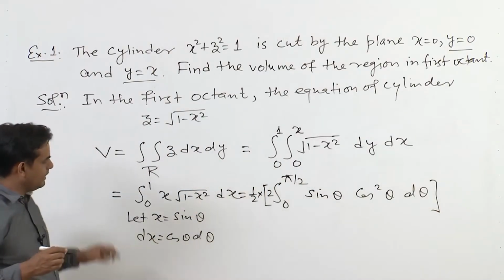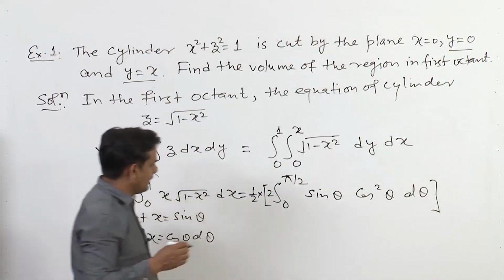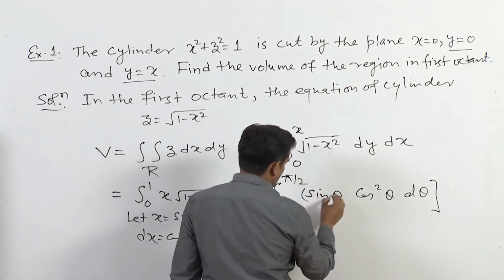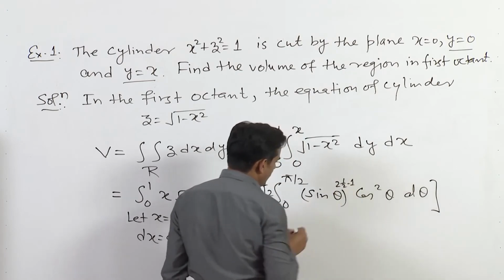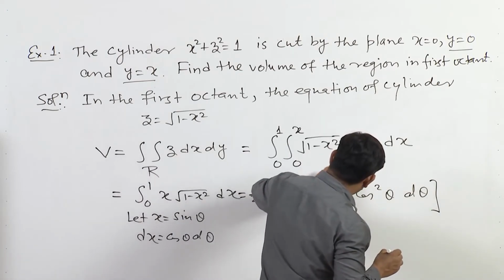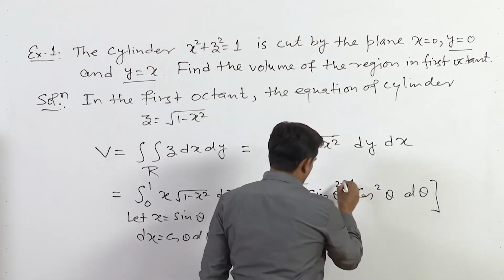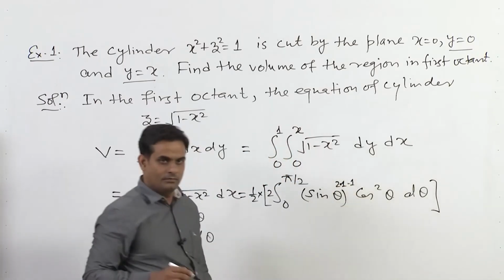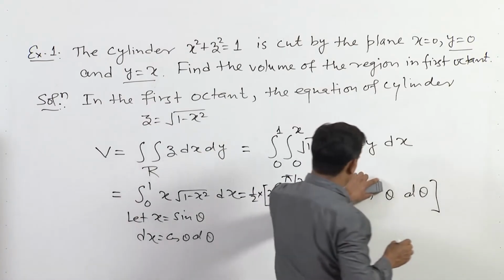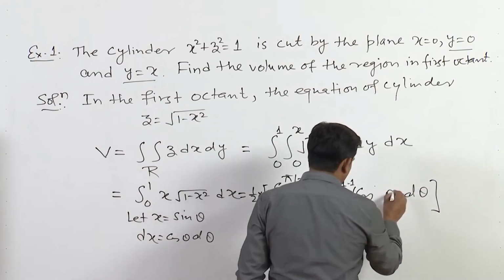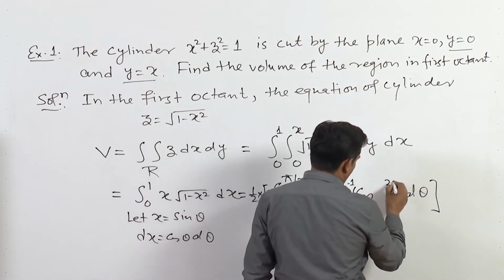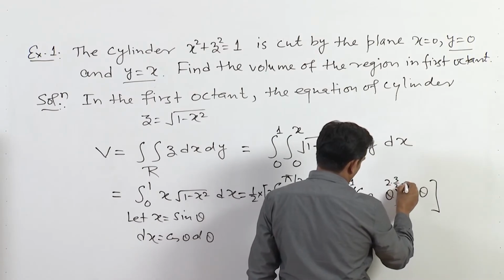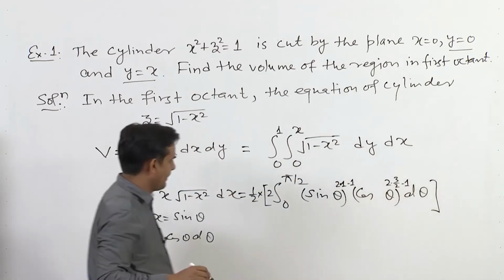Now, this is sin theta, so I can write sin theta raised to power 2 into 1 by 2 minus 1, 2 into 1 minus 1, and this I can write cos theta square. So, this I can write cos theta raised to power 2 into 3 by 2 minus 1.